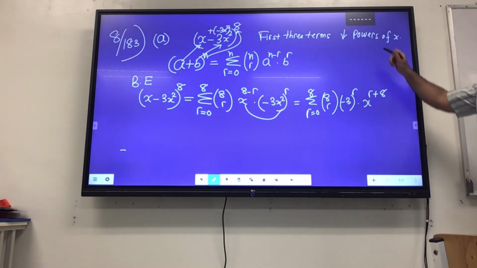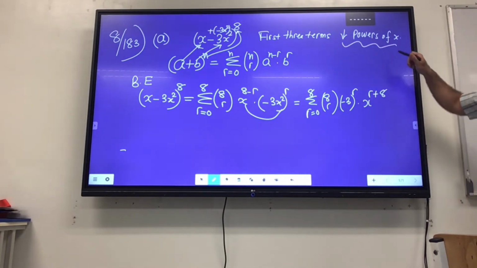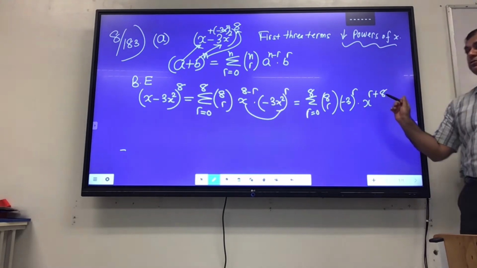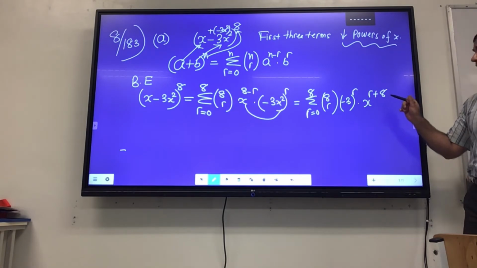Now in the question we need the first three terms in descending power of x. What should be the first term? The highest power of x or the least power of x? Descending means the first term should be the highest power of x.